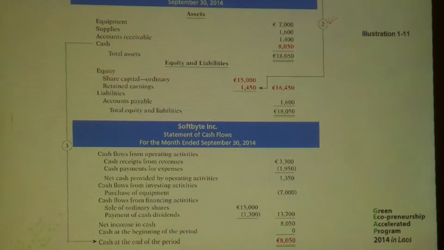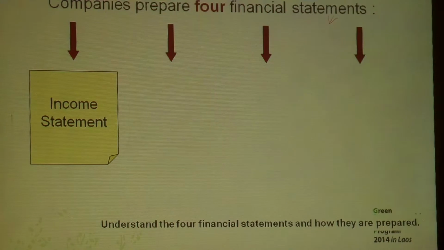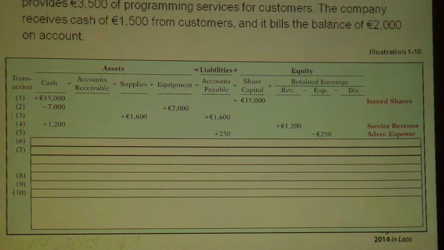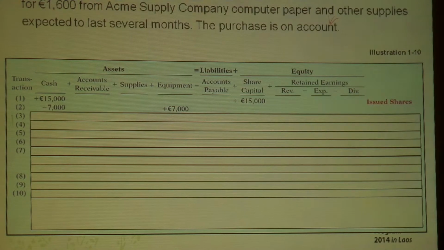Could you go back to the previous page, when the shop by Barbara and Ray invested money? Transaction number 1.